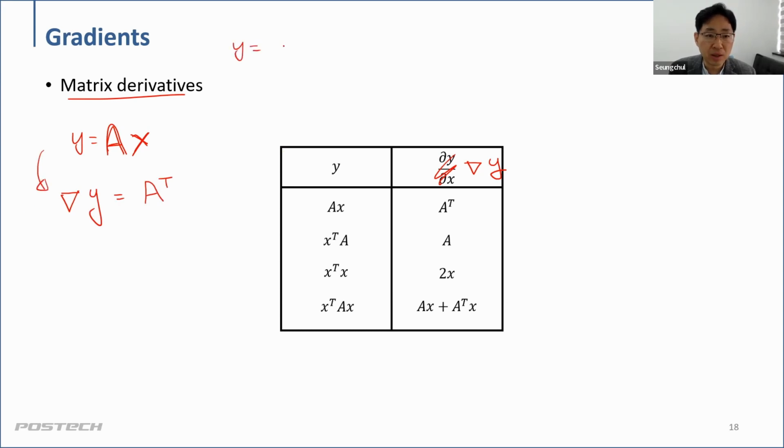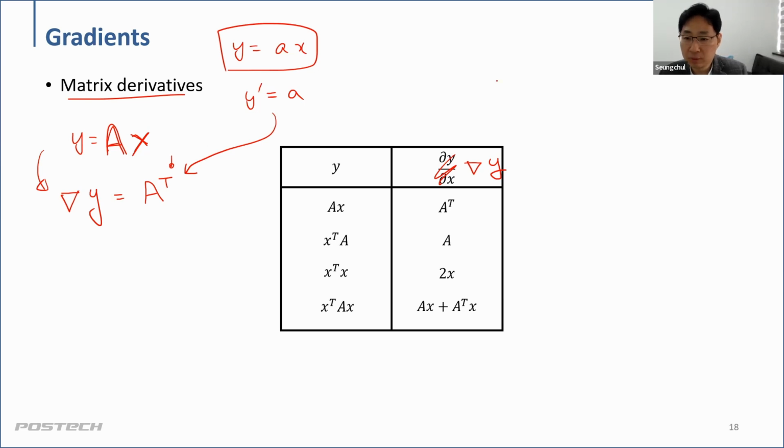In the scalar case, if you have ax, we know the gradient is a, right? But somehow in the matrix case we have a transpose.